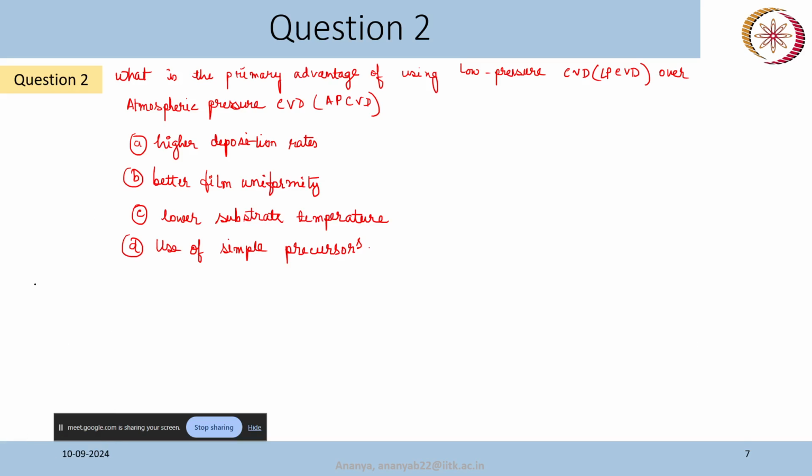So what is the answer? Before giving you the correct option, let's go through the options one by one. So first is higher deposition rates. What do you think, where the deposition rate will be high? In LPCVD or in APCVD?